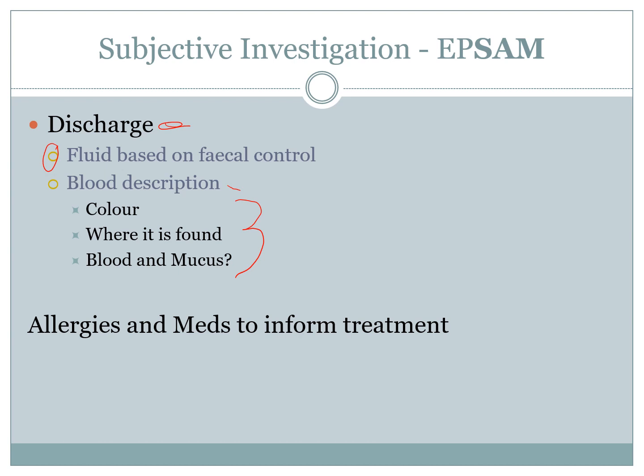Any bright red blood on toilet paper, you've got hemorrhoids, fistulas, sometimes pruritus, sometimes anal warts, but it can be anal cancer as well. So don't dismiss it without further investigation. If you have blood and mucus on the underwear, then you're dealing with grade 3 and 4 hemorrhoids, a prolapsed rectum, or some sort of mucosal prolapse itself.